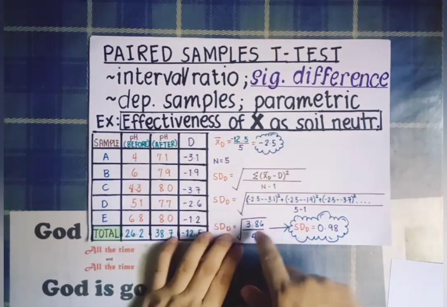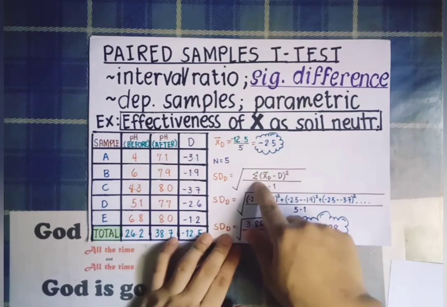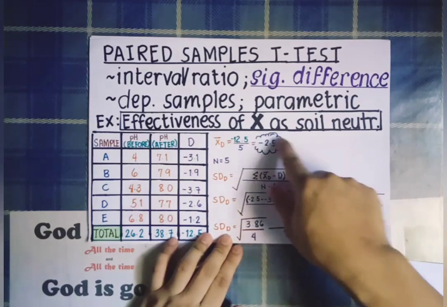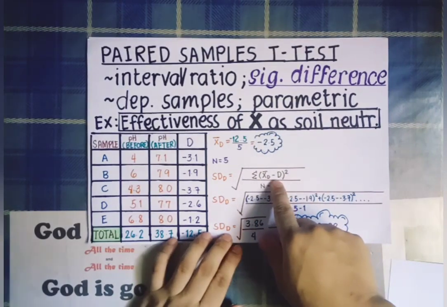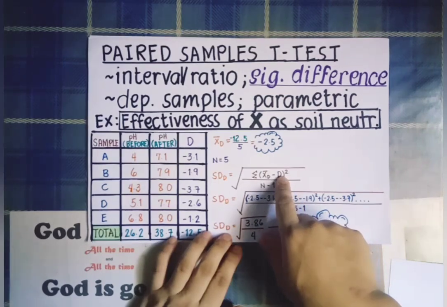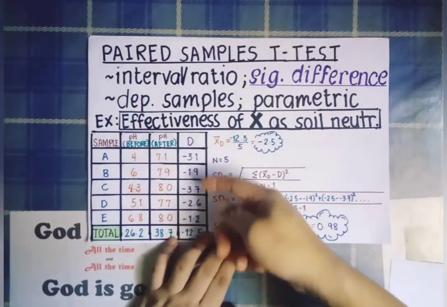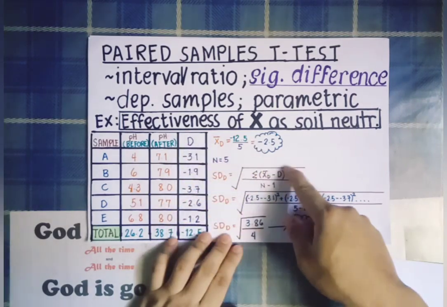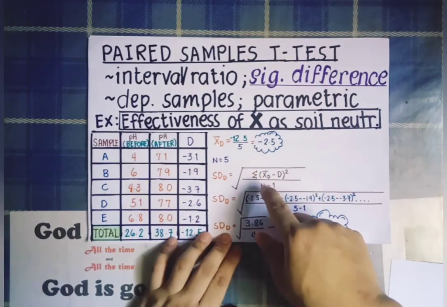So we have here the formula for standard deviation for difference, and that is square root of the summation of the mean for the difference, which we already have, negative 2.5, minus the individual D, or the individual differences that we have here. So negative 3.1, negative 1.9, and so on and so forth. And then we are going to square our differences here, divided by n minus 1.